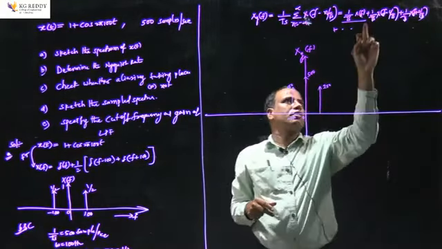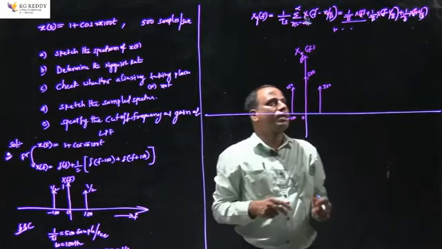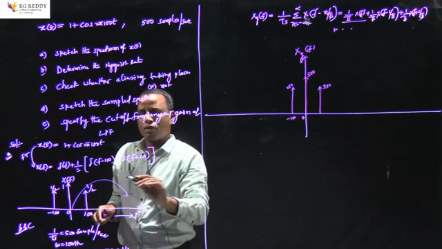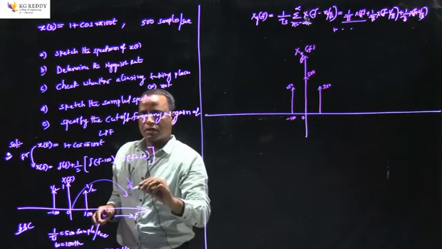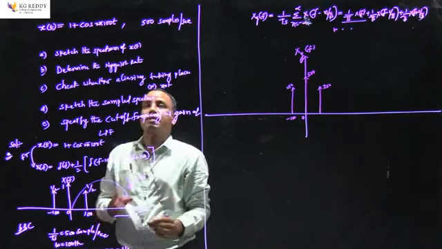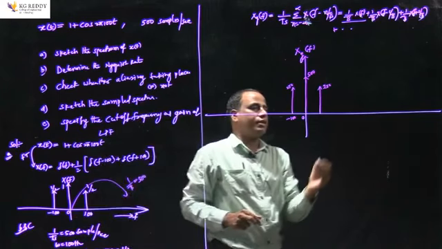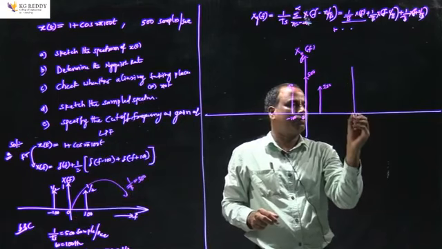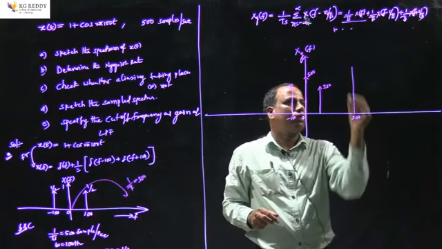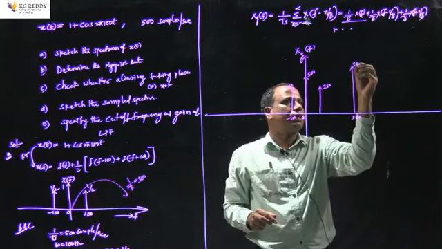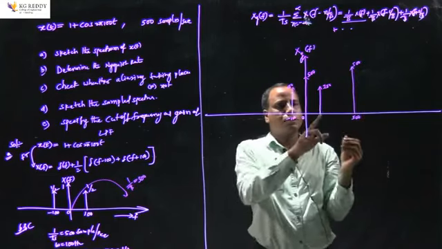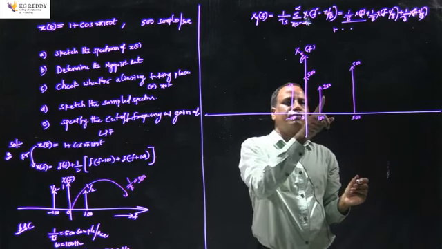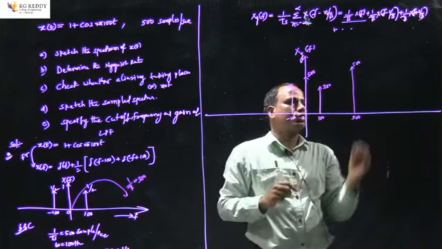Now take 1 by Ts into x of f minus 1 by Ts. The same spectrum, but the origin should be shifted towards the right side by an amount of 1 by Ts. What is that 1 by Ts? 1 by Ts is equal to 500 samples per second. So the origin becomes 500 here, with an amplitude of 500, and origin plus 100 gives you this sample, and origin minus 100 will give you this sample.